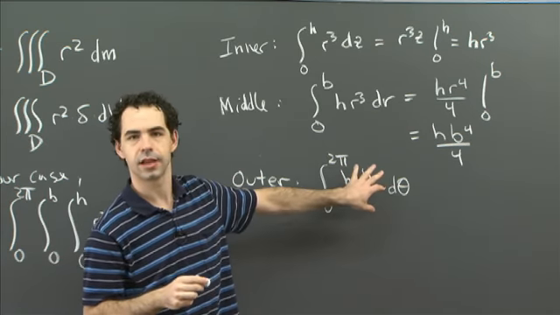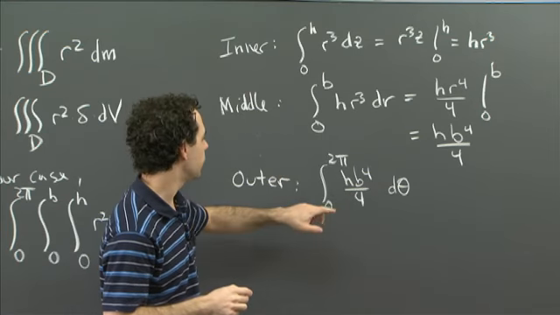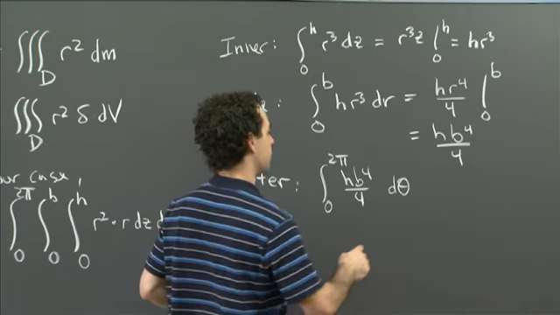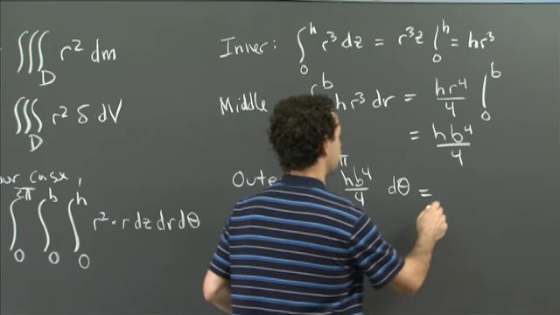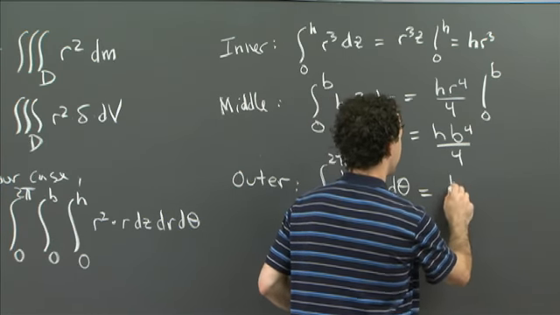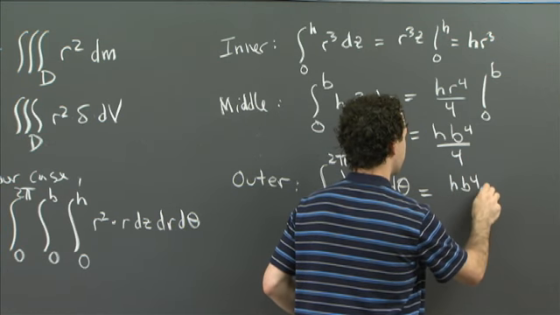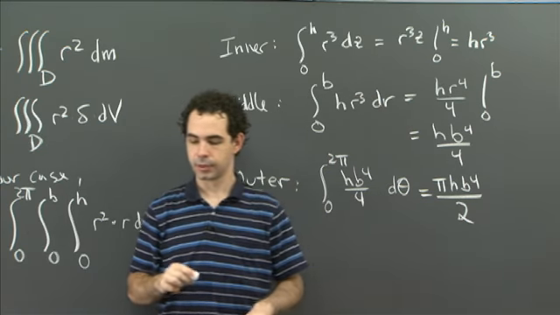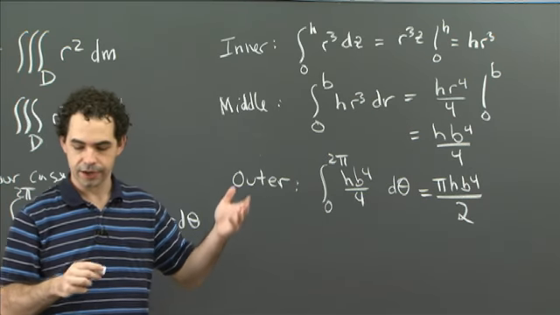And this is just a constant again. Great. So this is hb to the 4th over 4 times 2 pi. What does that work out to? That's hb to the 4th pi over 2. All right, so there you go.